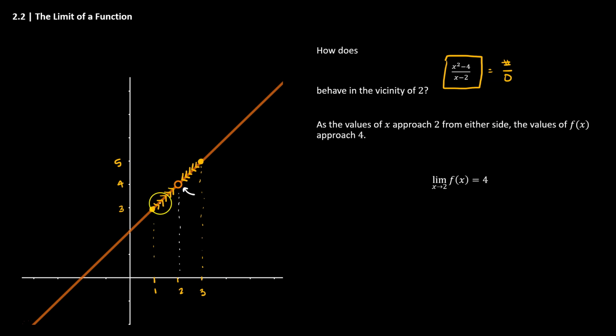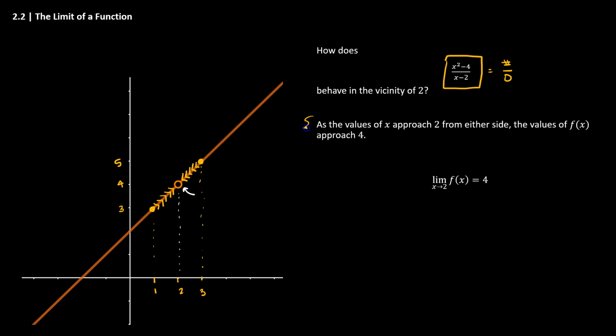So again, on both sides of this function, if we slowly inch closer and closer to this undefined point, we feel like we're going towards the function value of 4, even though the function is not defined at the point x equals 2.